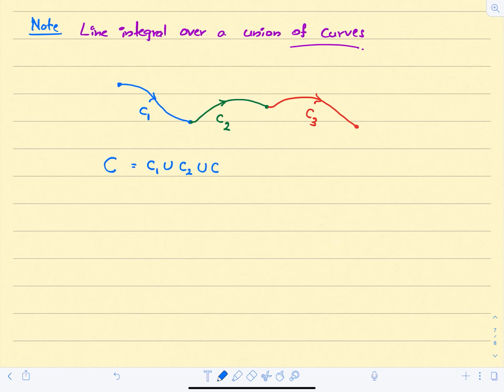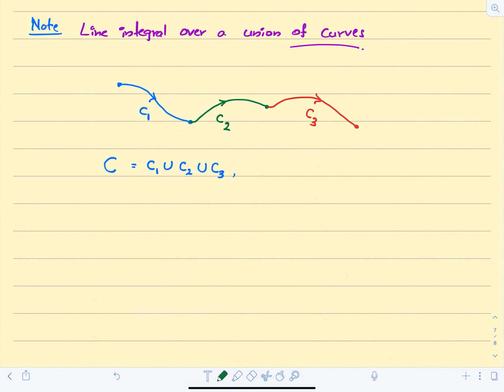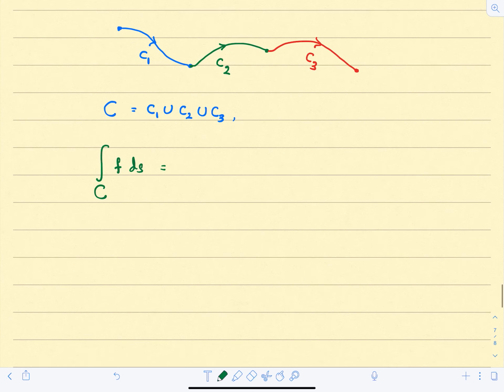Now if the curve C equals the union of these three curves, C1 union C2 union C3, then the line integral of f ds over this curve C equals the summation of the line integrals.